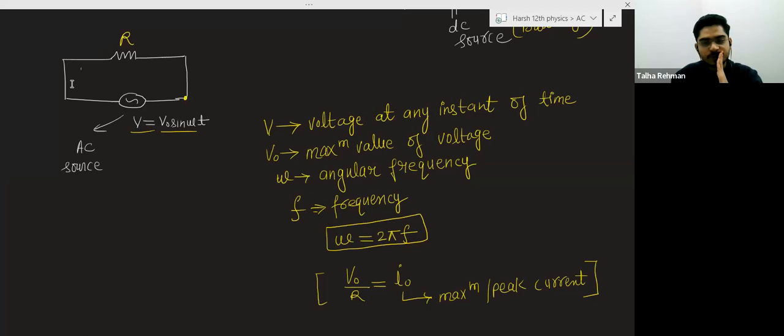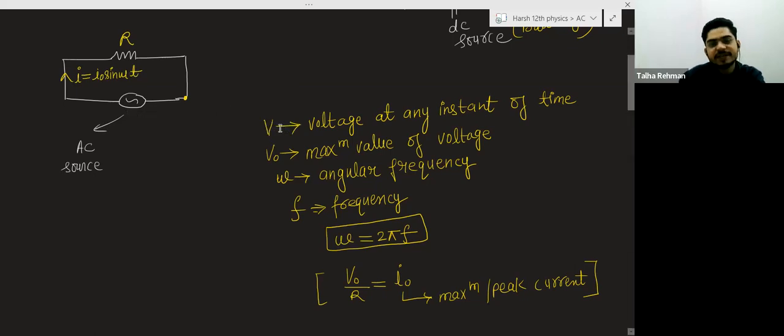I have told you. So I am supposing that at any instant of time, the current here is I equal to I naught sine of omega t. Here the voltage source is connected, and this is an AC source.